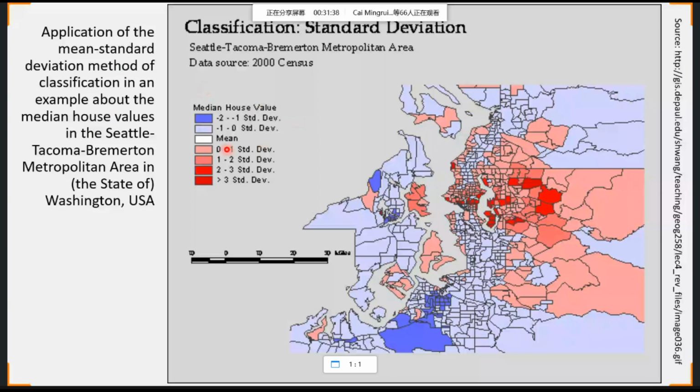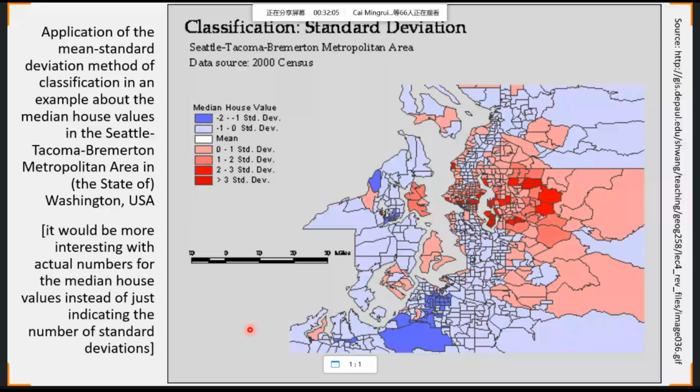The mean is computed, and here they don't write down the numbers. So the actual median house values are not here. They just write down the first, the second standard deviation, the third standard deviation. This still gives you an impression of the situation in the map, of course.